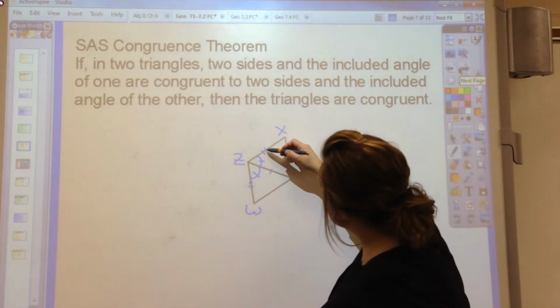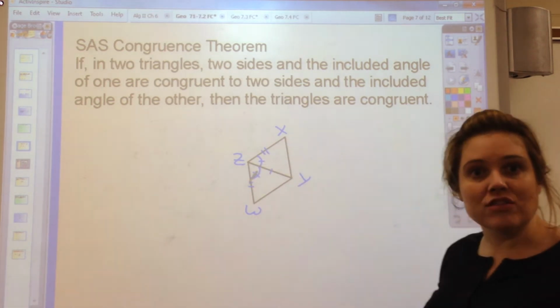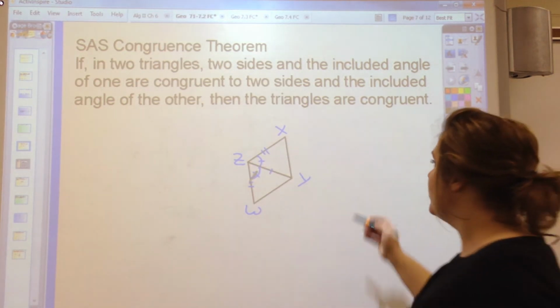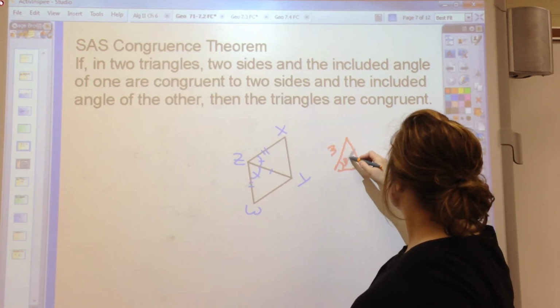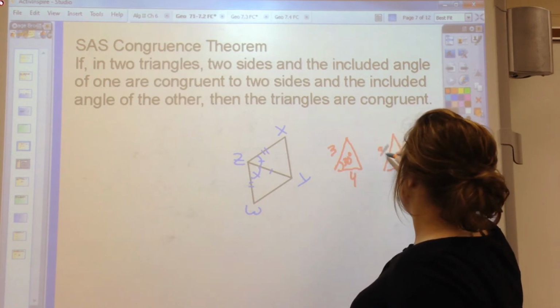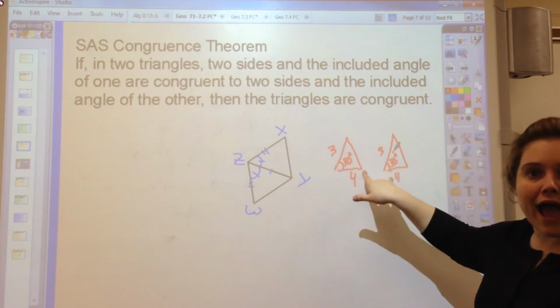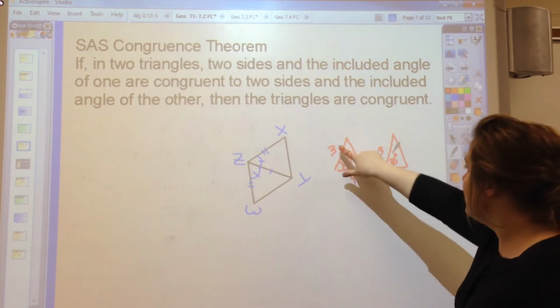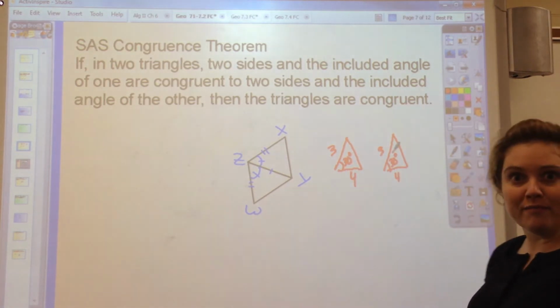If I know two side lengths and the angle in between them, then I can say that the two triangles are indeed congruent. For example, if I have 3, 30 degrees, and 4 over here, and over here I have 3, 4, and 30 degrees, these two triangles have to be one and the same, because I have side, angle, side that are the same.